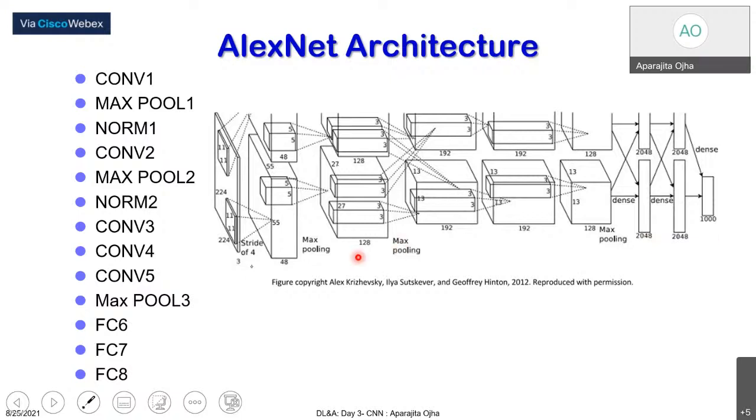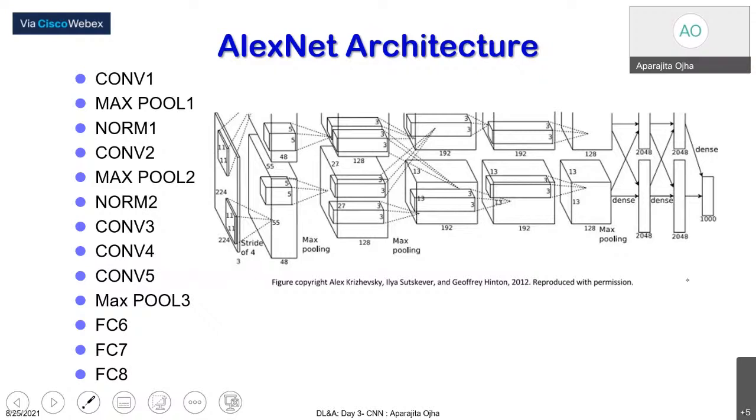Now, something you can see here is that 2 networks are running in parallel. The reason was that even in 2012, this network was so heavy that it was difficult to train. The computational cost and the memory footprint were very high.